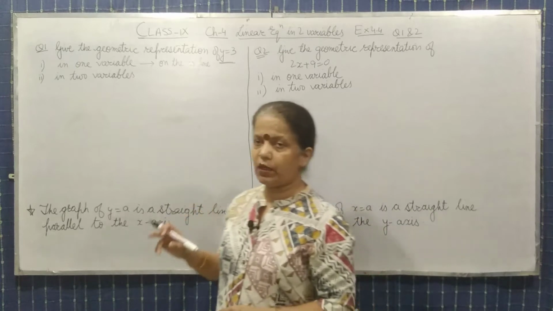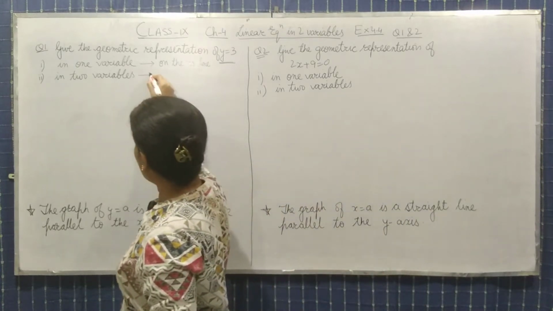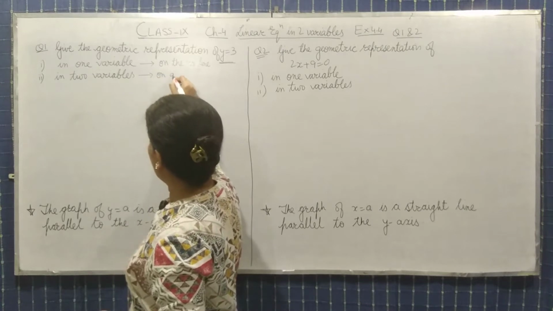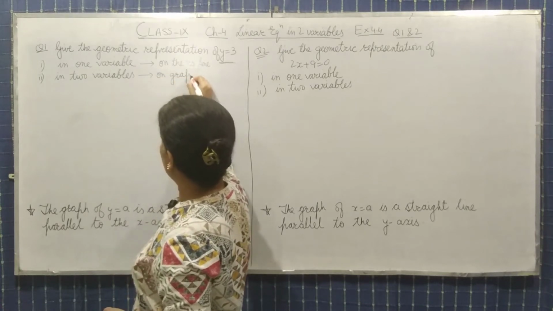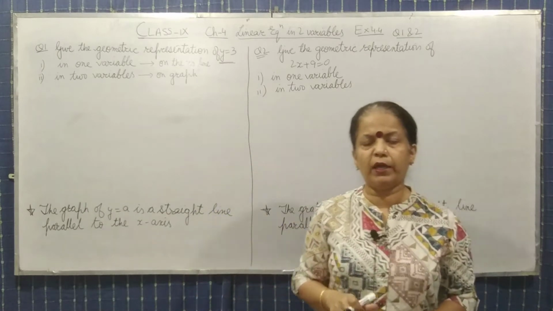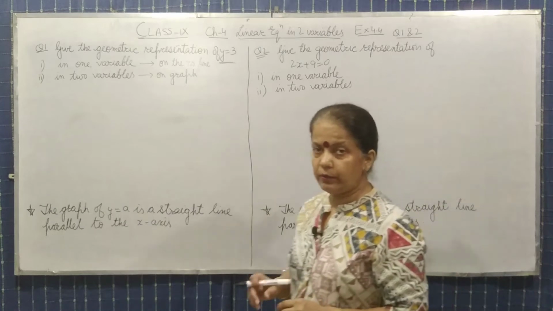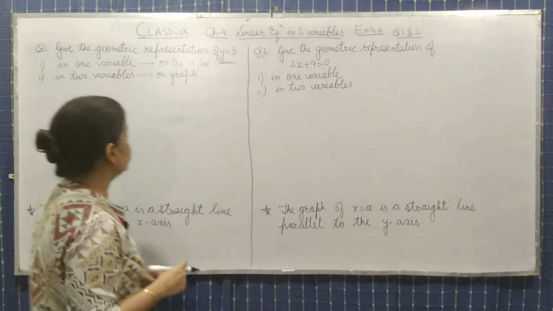So in two variables, you will represent the linear equation on a graph. Is it clear? One variable on the number line and two variables on the graph. Clear? So let's go further.